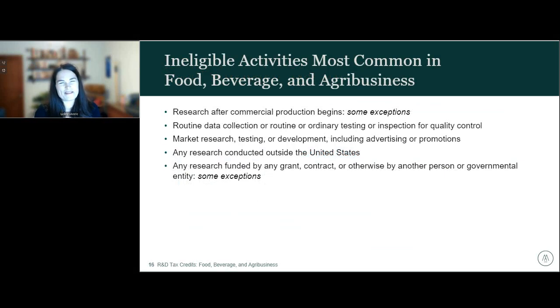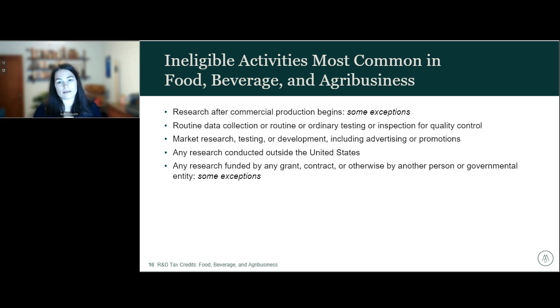So speaking of those things that are not eligible, these are those that we encounter most frequently with food, beverage, and agribusiness clients. One is, was the research and development done after commercial production begins? The implication here is that if you are in commercial production, then you've resolved that technical uncertainty, and therefore that window in which R&D is being conducted has closed.